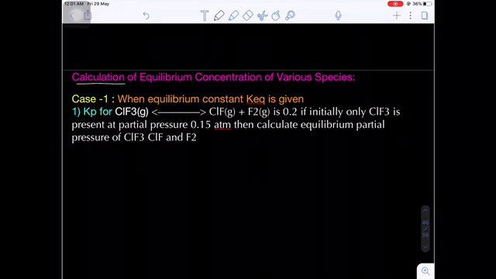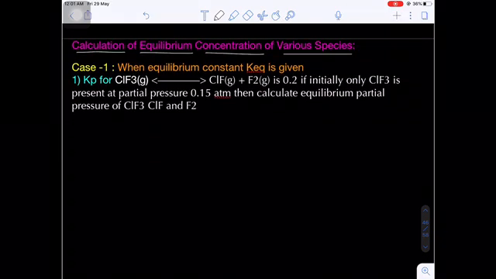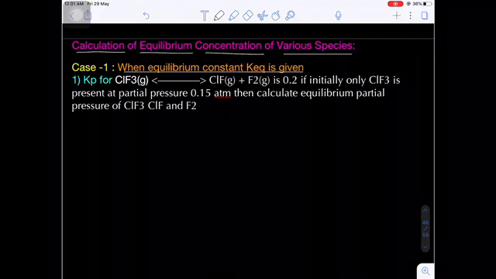Now how to calculate the equilibrium concentration of the various species? There are different types of questions given in competitive examinations. The first type is when the equilibrium constant is given, that is Kc or Kp, and we find the equilibrium concentration of the species.